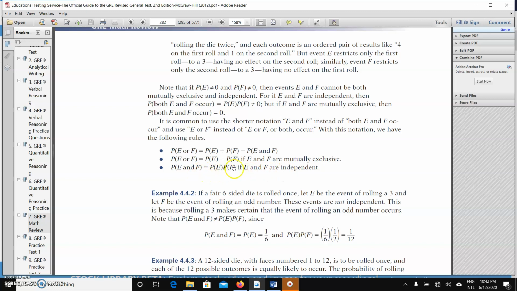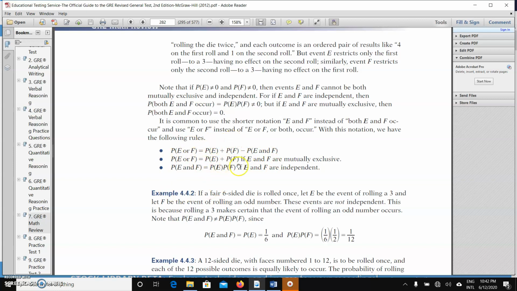Now, the meaning of independence is that we have the two events E and F together, working differently. So just try to understand this whole principle.